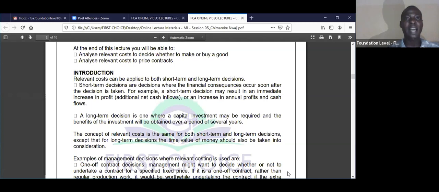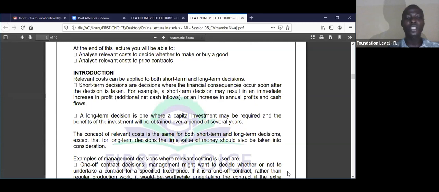Okay, what assets am I going to buy that will last me for 5 years, 10 years, and so on? What kind of loan am I going to obtain that I'll finish paying back in like 5 years? All these are long-term decision making.